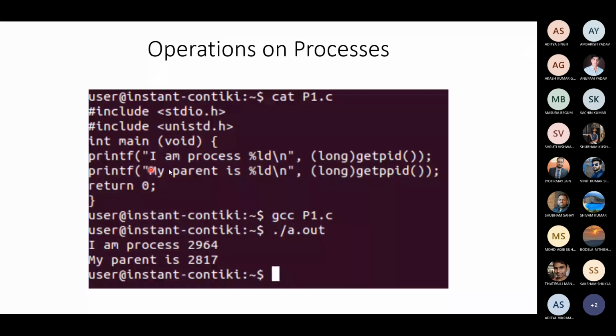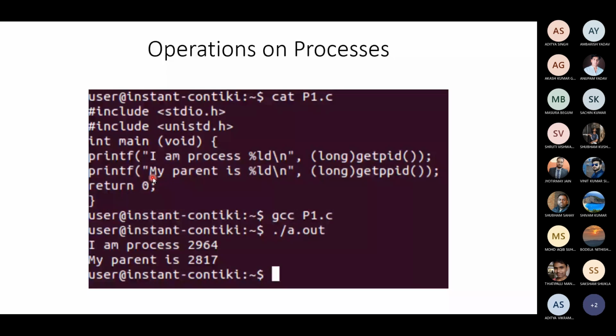I'm simply printing. I'm not forking. There is no fork, but I'm just trying to print what is the parent process and what is the child process. If this program is converted into a process, then this process should have been created by someone else.